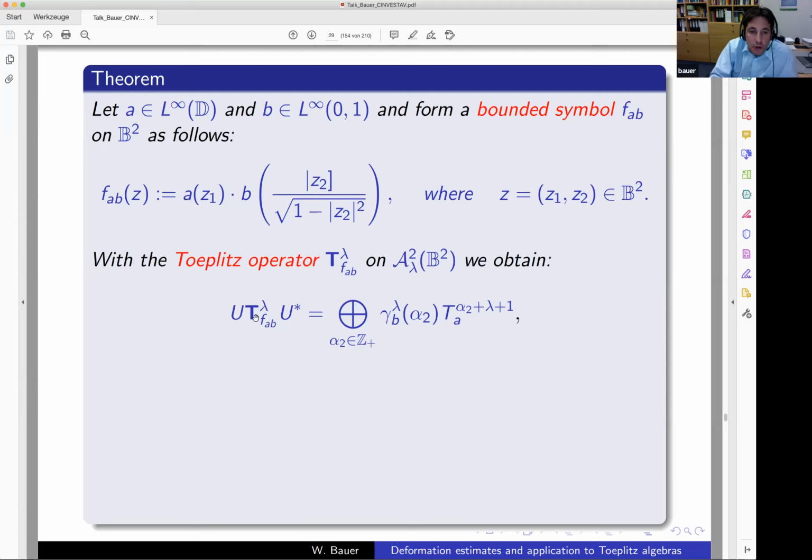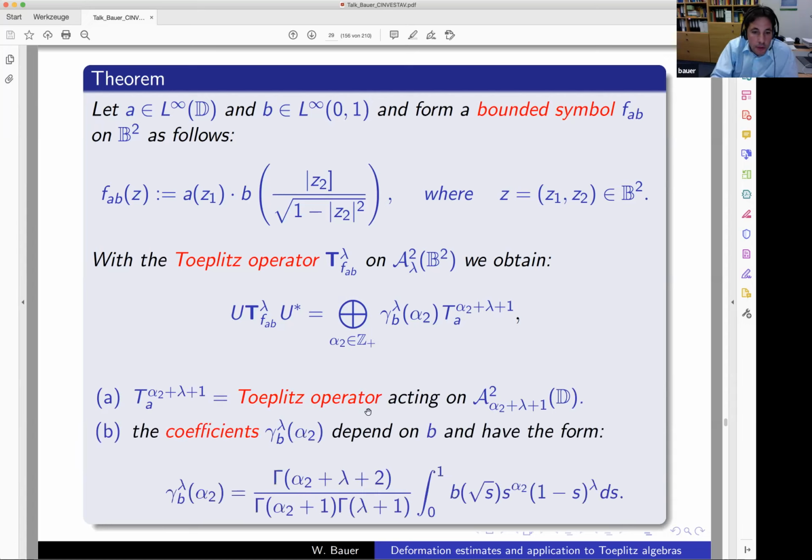So this bold here always means on the ball, this non-bold operator on the unit disk, where the symbol on the unit disk is A, but it's with respect to a certain weighted Bergman space where the weight alpha runs through Z plus, goes to infinity. So this is the observation, and you can also calculate these numbers here, and they are given by some integral which involves this function B here.